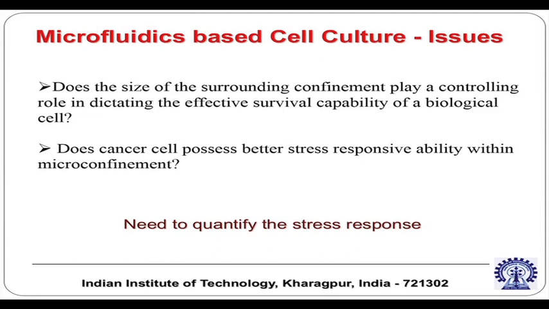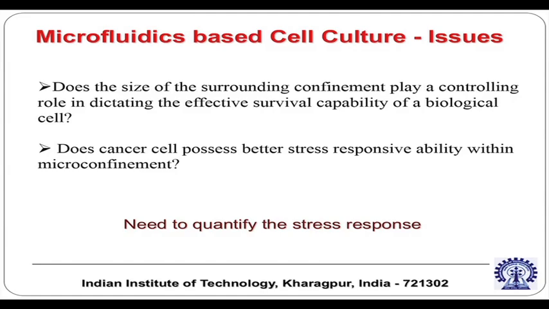Then with this understanding, with this little bit of background on creating a traction force microscopy based environment for studying the stress distribution, what are the issues that we need to resolve? What are the questions that you would like to answer? Does the size of the surrounding confinement play a controlling role in dictating the effective survival capability of a biological cell?